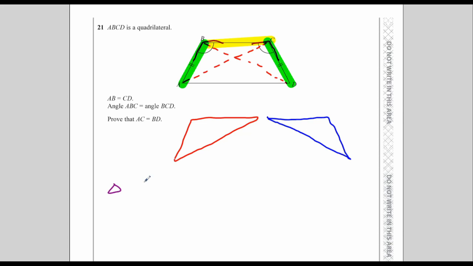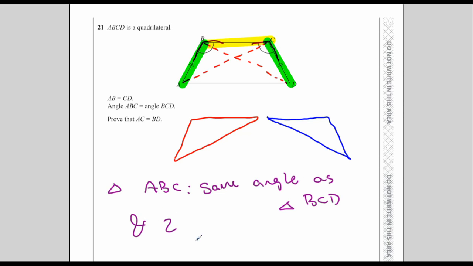So triangle ABC has the same angle as triangle BCD, and two sides the same.